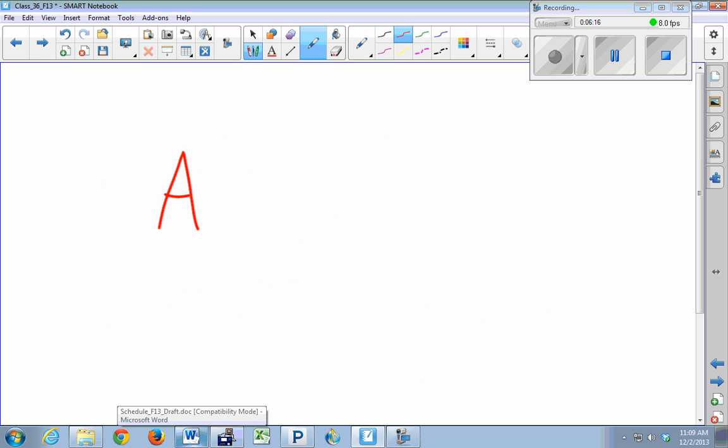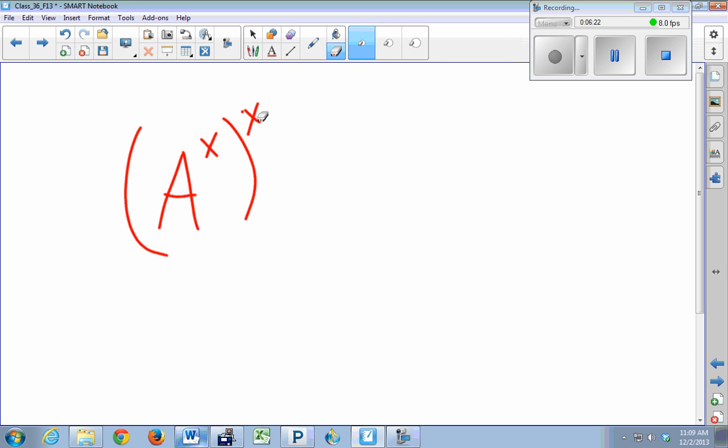Okay, another exponent property. Let's say we had a to the x raised to the y power. So how would I simplify this with my exponent rules? Yep, you multiply your exponents.